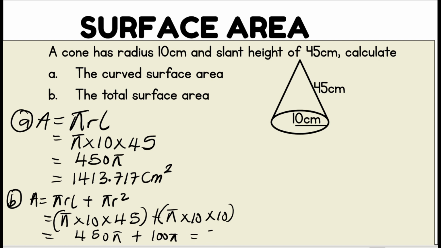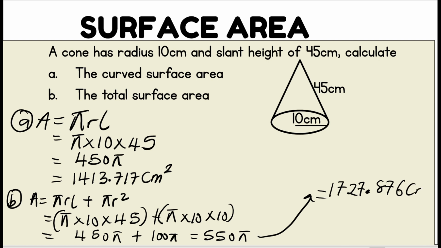And the total of this is 550 pi. So therefore, 550 pi is equal to 1727.876 cm square. This is how to find the surface area of a cone and the total surface area of that same cone.